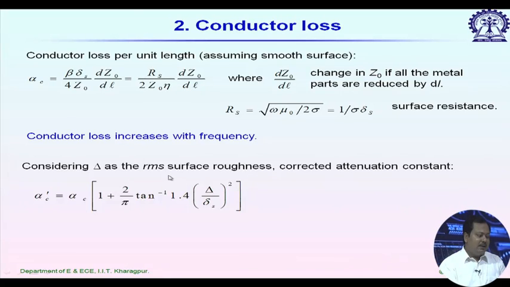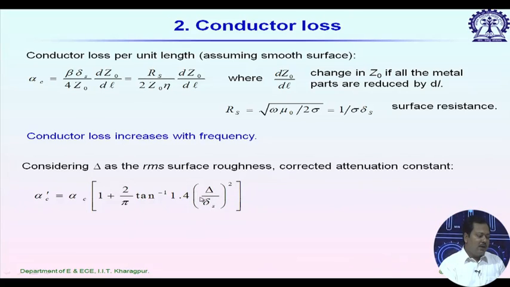Let us say the surface roughness is defined by capital delta, and it represents the RMS value of surface roughness. Then the corrected attenuation constant for a rough surface, alpha c dashed, is equal to alpha c multiplied by 1 plus a correction factor: 2 by pi tan inverse of (1.4 into capital delta by small delta) whole squared.